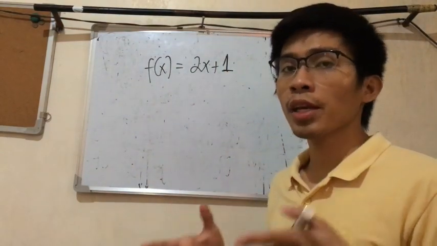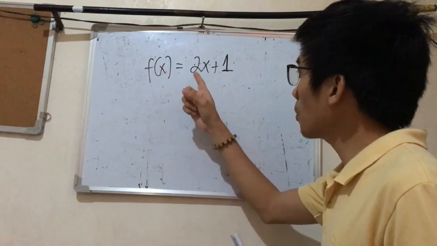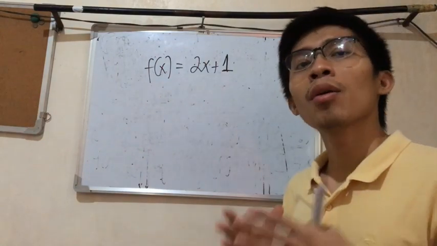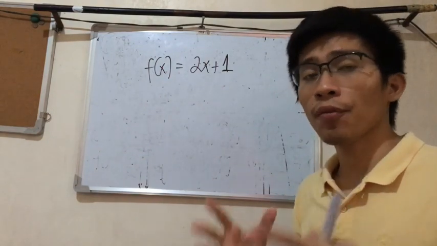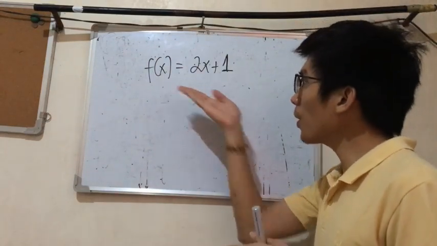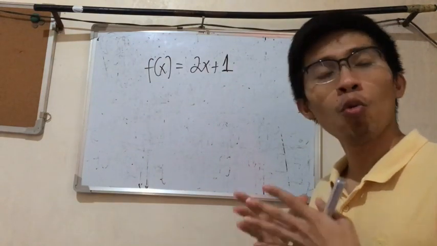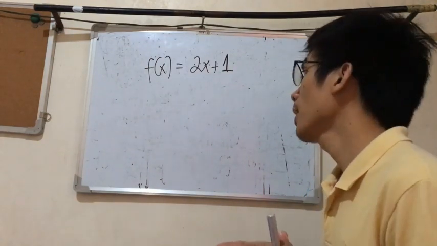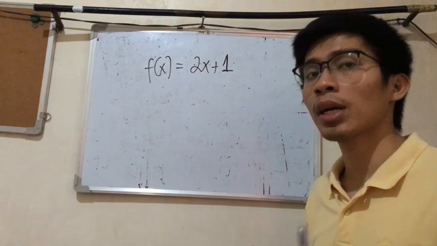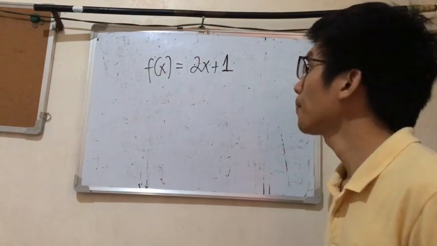Okay, let's try to understand this function. f of x is equal to 2x plus 1. First question: is the function continuous or not continuous? Very obvious that our function is a linear function. Once we graph this function, that is a line in a graph.